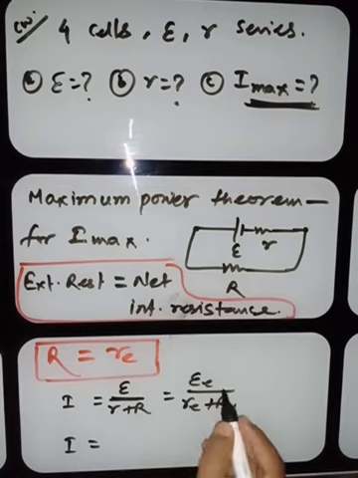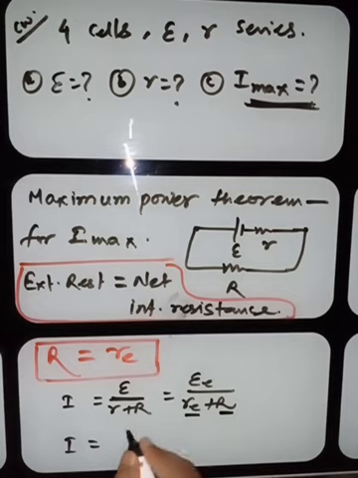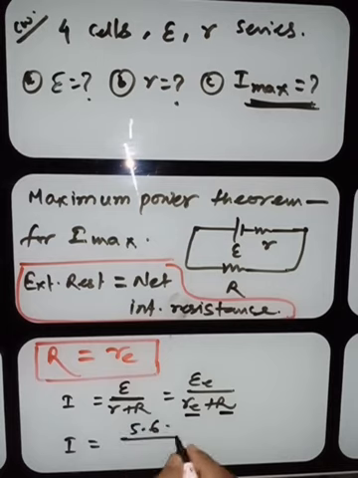What was the value of E equivalent? We have calculated it already, 5.6, and the load resistance should be equal to R equivalent. So I equals 5.6 divided by R equivalent plus R equivalent.